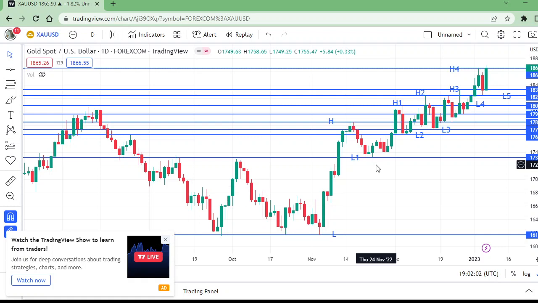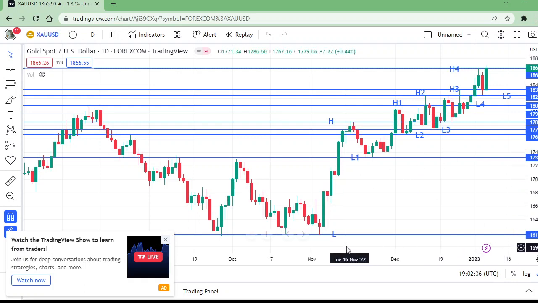I sometimes confuse it, but you understand: this was the low, then this was the high, this was the low, this was the higher high, and this was the higher low. This is higher low too. I was using HL1, HL2, HL3. Okay, now higher low 1, higher low 2, higher low 3, higher low 4, higher low 5.